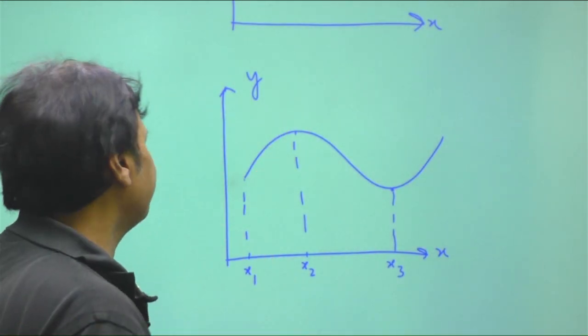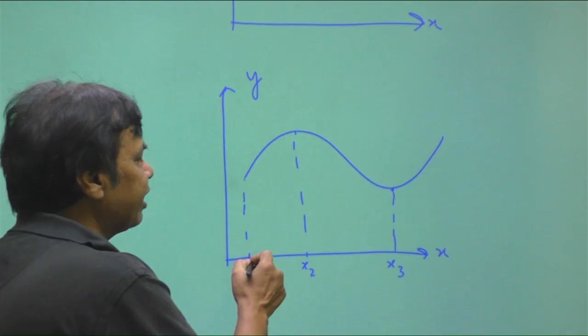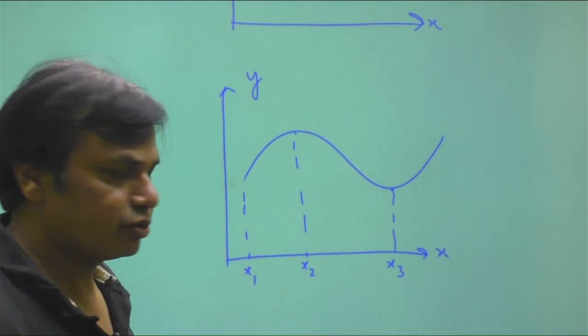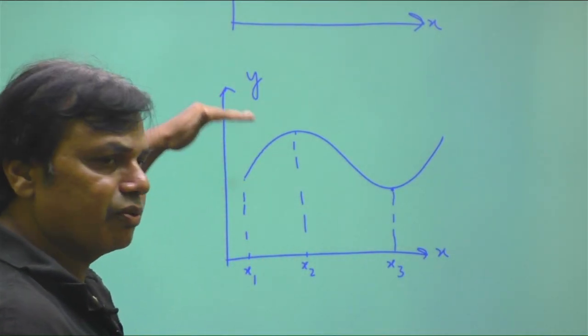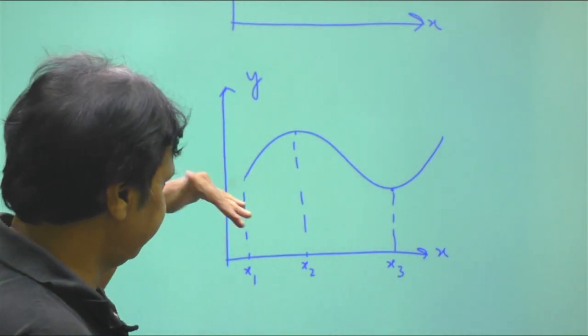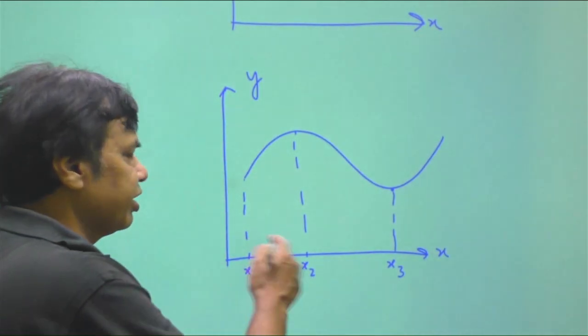If you move from x1 to x2, the curve keeps rising. It gets higher and higher between x1 and x2.